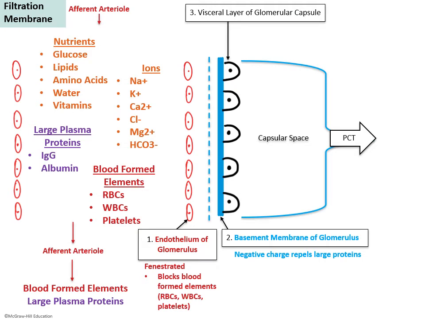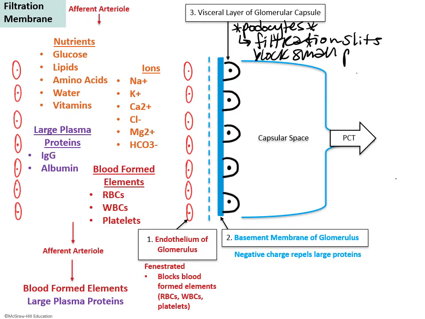So now we can finish this figure for us. So going up to number 3, this visceral layer of our glomerular capsule. So remember, this is made up of podocytes. And these podocyte filtration slits are going to block small proteins.